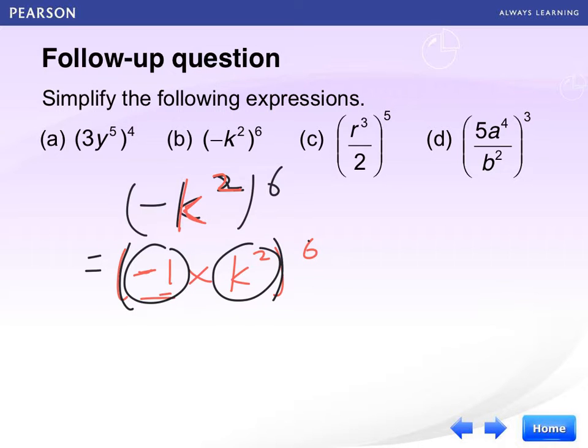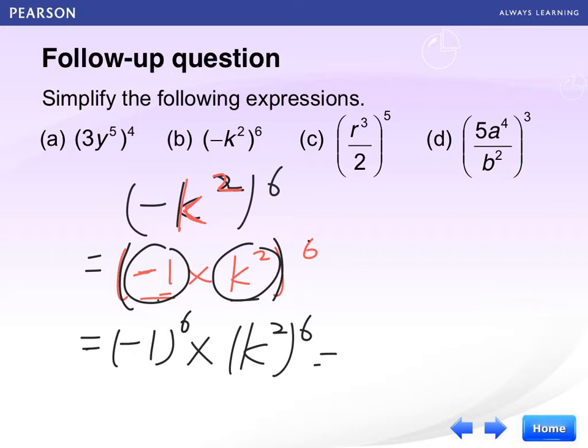By the index law, each of them takes the power 6, so that means minus 1 to the power 6, and k squared, and then to the power 6. And minus 1 to the power 6 means 6 minus 1s multiplied together, so as a result you find that the minus sign cancels. And then k squared to the power 6, that is power to power, so the result is 2 times 6 in power, which equals k to the power 12.